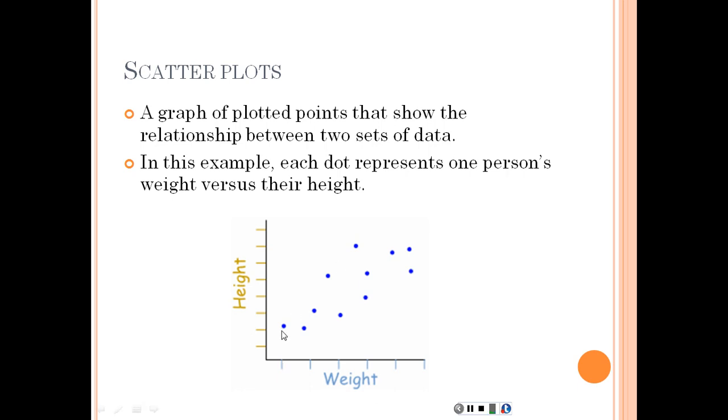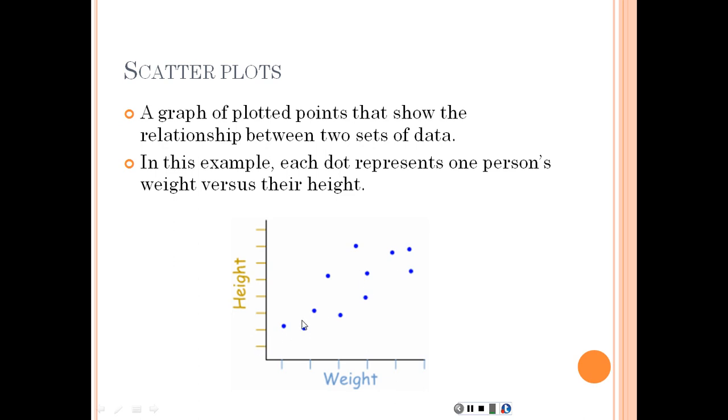This data point represents one person in the sample, and this person's weight falls here, and their height falls here. The same goes for everyone. Each dot shows their weight versus their height, where it falls on the spectrum.